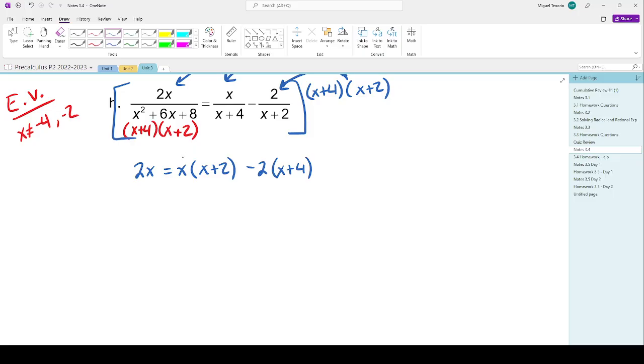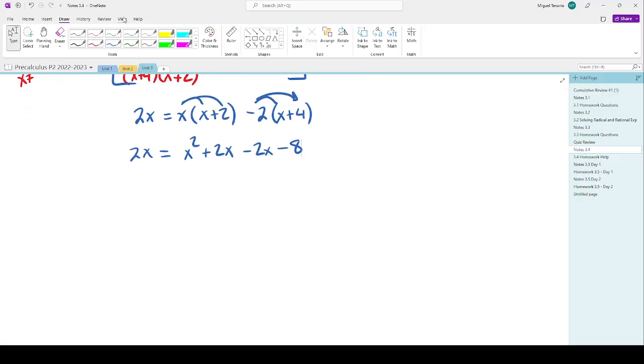Distribute, and you're going to notice that we end up with some x squared terms. So x squared plus 2x, then what we got here is minus 2x, then again here, we get minus 8. Right? Not the prettiest, but at least some of it cleans up. So I'm going to get 2x equals x squared minus 8. I am going to need to move everything to one side of the equation, which means I'm going to move the 2x over.